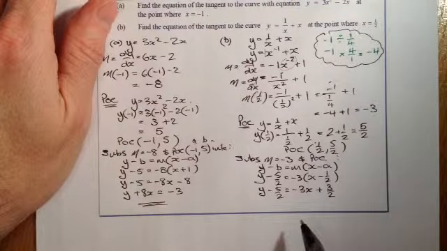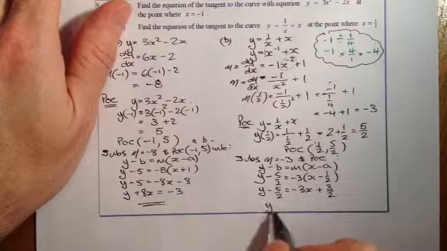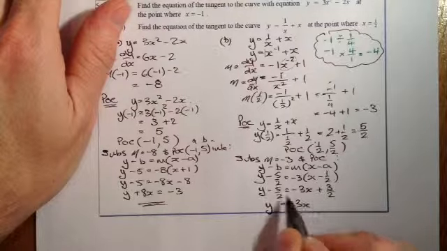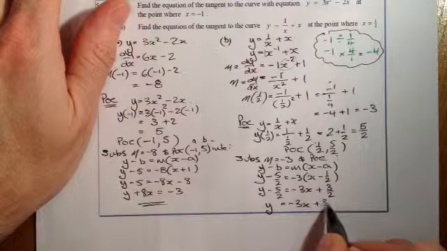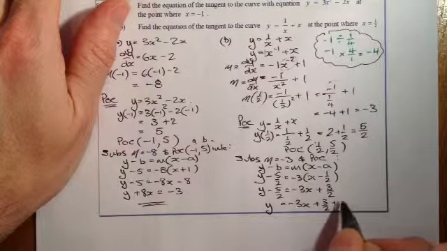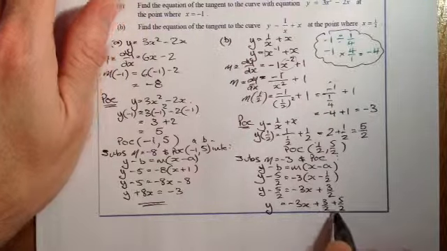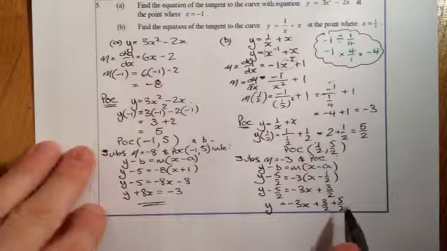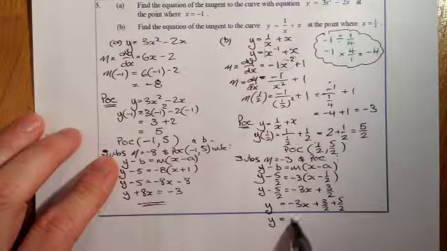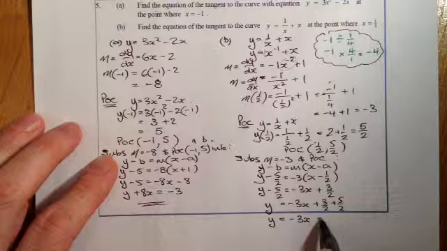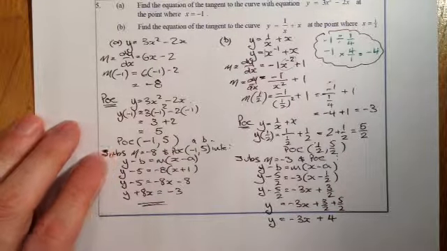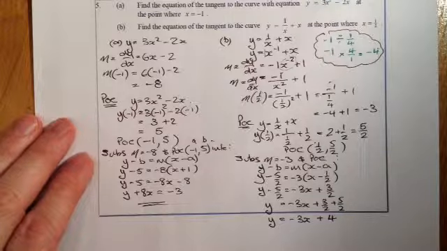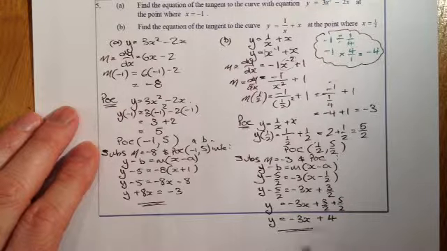What I could then do is bring that minus 5 over 2 over to this side, so I've got plus 3 over 2 plus 5 over 2, which will give me 8 over 2. So that should give me an answer of y is equal to minus 3x plus 4 when I gather that together there. So that should be my final answer.